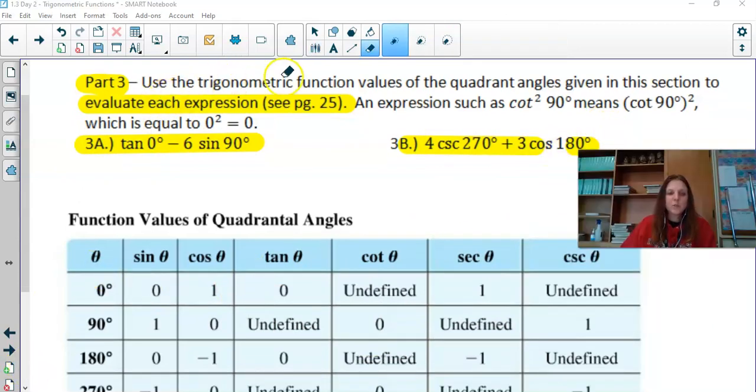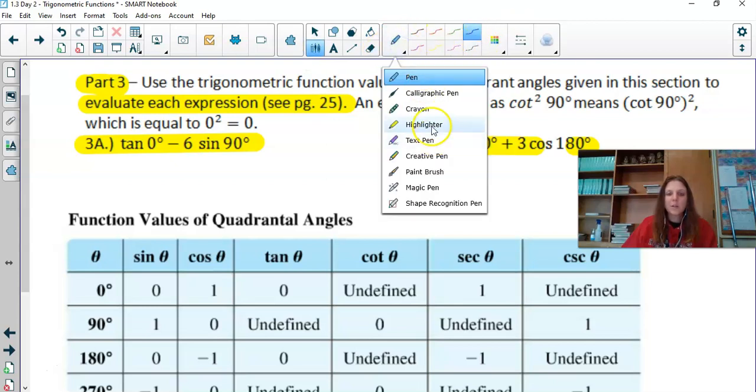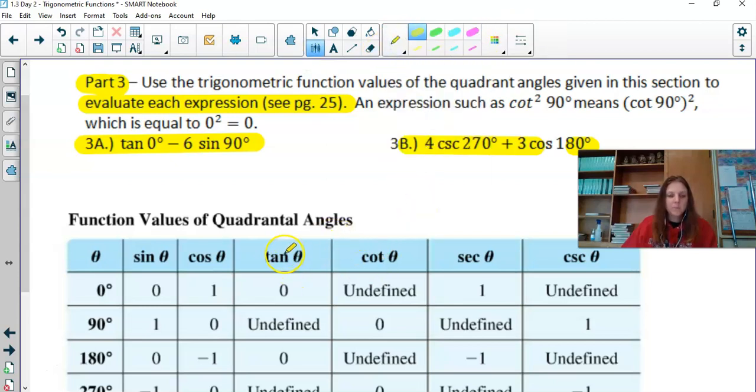So we're going to use the trig function values that are given on page 25. So you have to look at your ebook. And we're going to plug them in place of these. So we're going to use the values in place of the trig functions. So here's how this works. This one says tangent 0. So what you do is you find the tangent column, and you find 0.